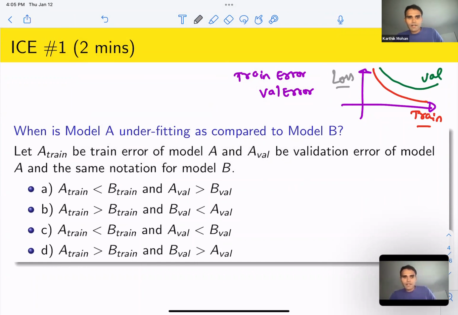You have train error for A and train error for B, and validation error for A and validation error for B. So the question is, when model A is underfitting as compared to model B, or model B is overfitting as compared to model A, which of these hold true? We can answer this on the polls, and the poll should be active. Just take a look at the poll and answer it there.